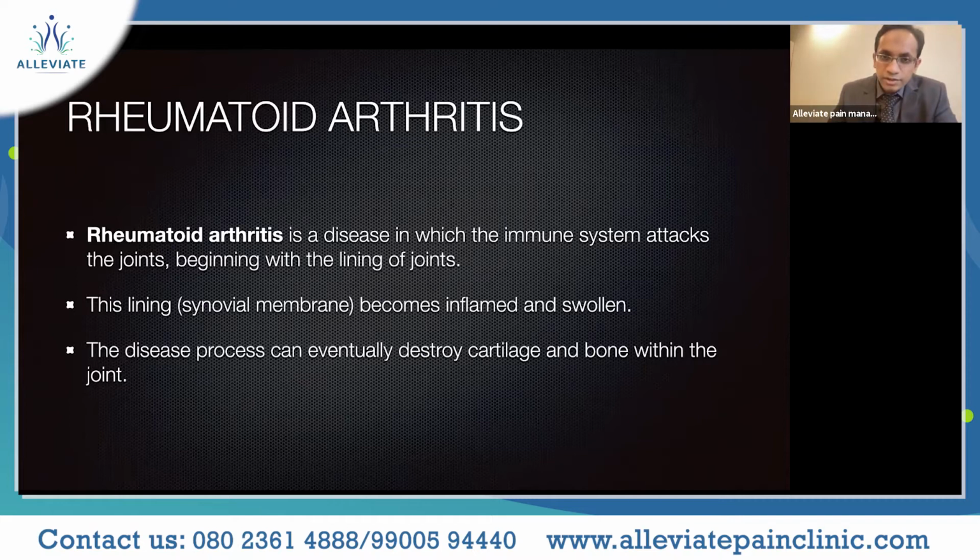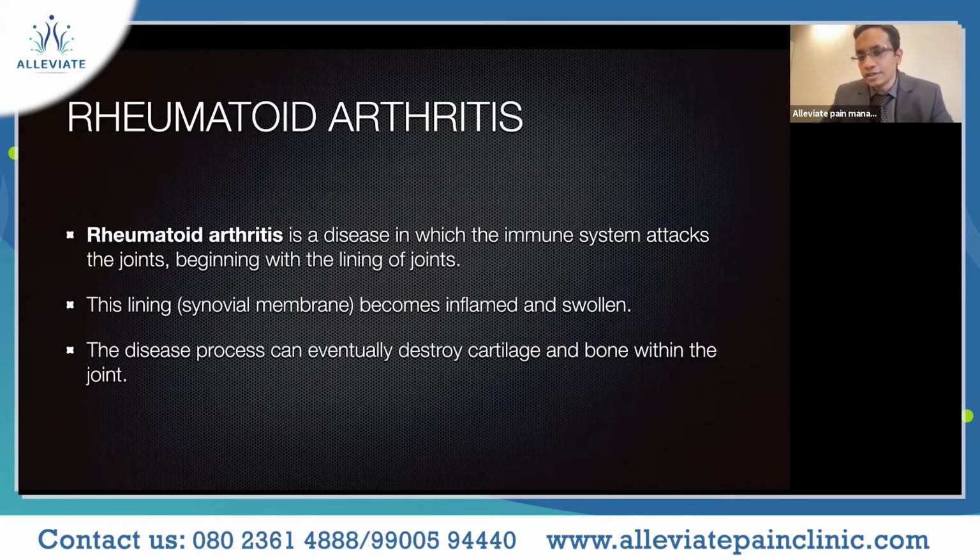So rheumatoid arthritis is more destructive and more fatal. Commonly it is seen in the small joints of the body, for example the fingers, right? The fingers are the joints which usually get involved. They become swollen, bulbous, red, inflamed, and tender.